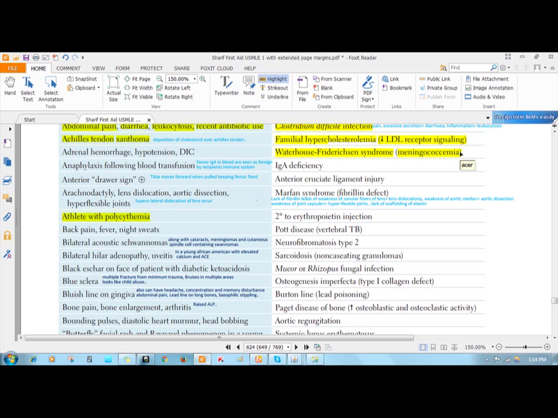And Neisseria meningitidis actually contains a capsule, the polysaccharide capsule, on the outer side of its surface, and this polysaccharide capsule helps it evade the host immune response, especially neutrophil-mediated phagocytosis, because this is kind of a slippery object.